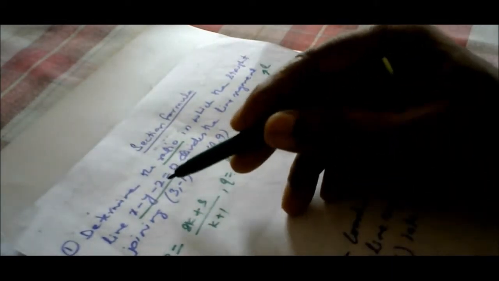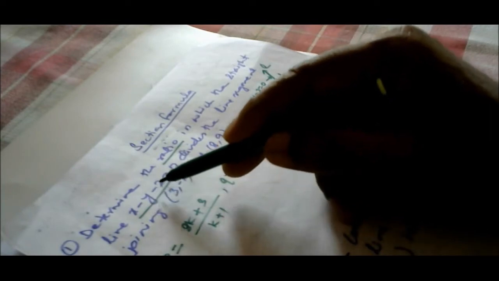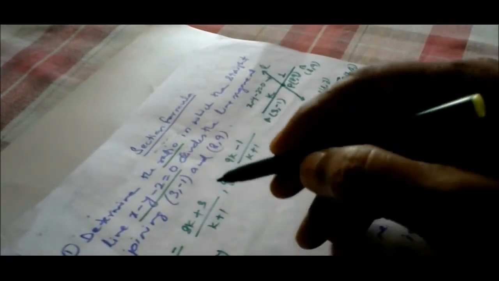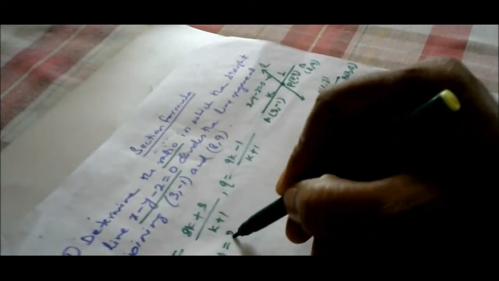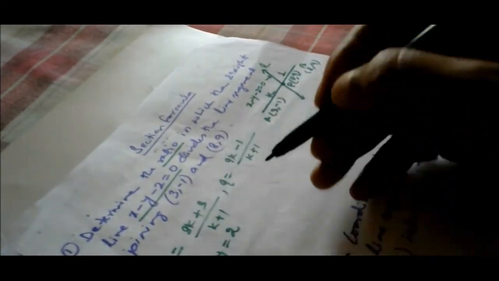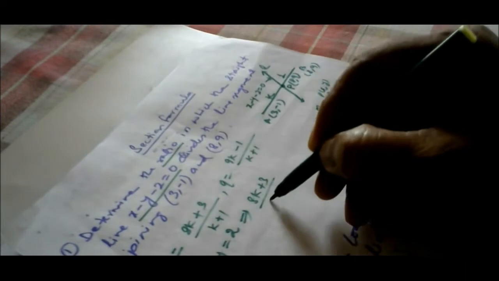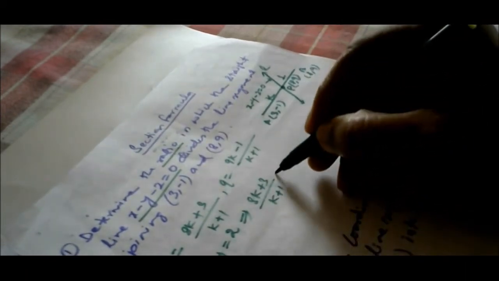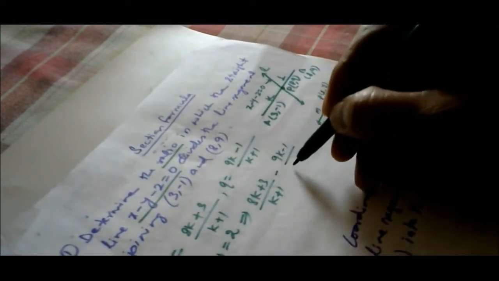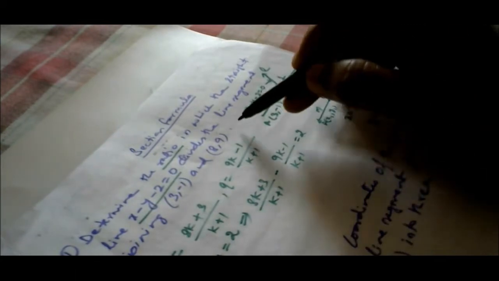So let us put the values of p and q in place of x and y respectively in this equation. x minus y minus 2 is equal to 0 can be written as x minus y is equal to 2, because 2 will go to the other side. Now 8k plus 3 divided by k plus 1 minus 9k minus 1 divided by k plus 1 is equal to 2.